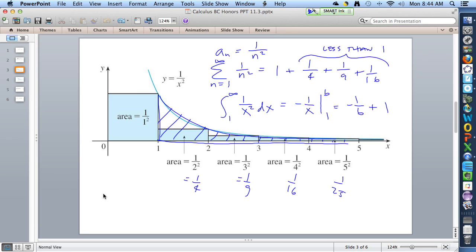So I'm going to pause there because I'm going to give you another example that's similar, but not so much. Questions, comments, concerns? All right, so to reiterate, the integral test: if you can take the rule for the series and turn it into something that looks like an integral, and you can integrate that, if the integral converges, the series converges.